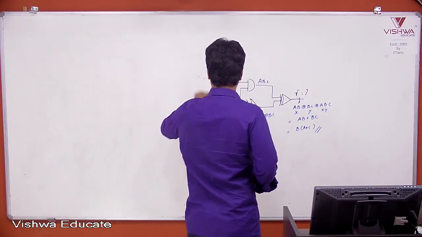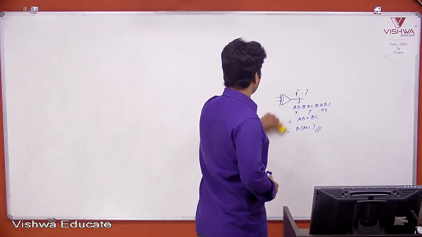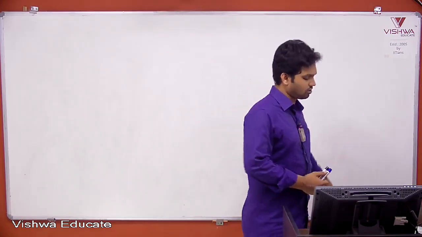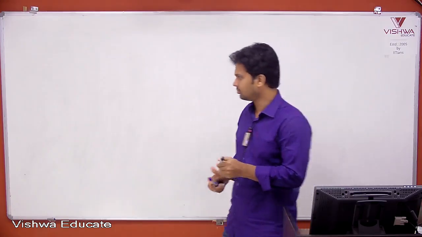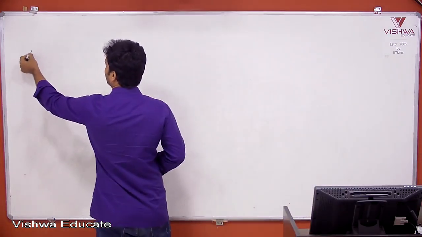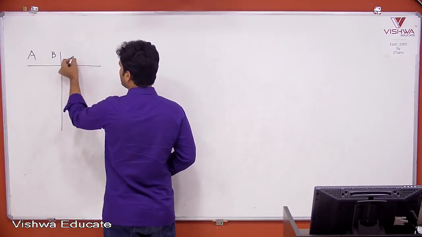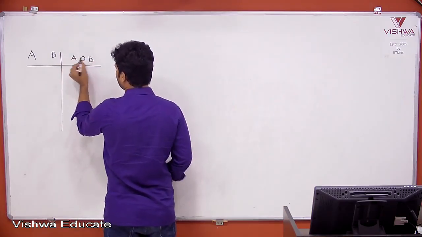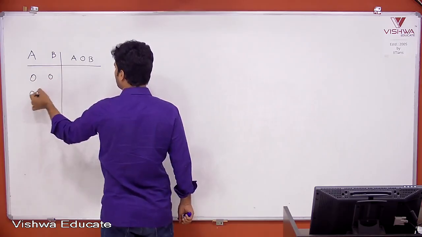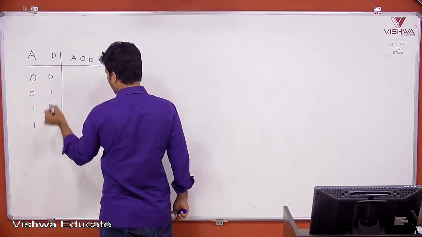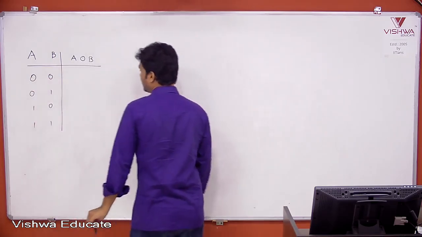Now whatever we analyzed for XOR gate, let us analyze the same conditions for XNOR also. A, B. This is the symbol for A XNOR B. 0 0, 0 1, 1 0, 1 1. What is the condition I told?